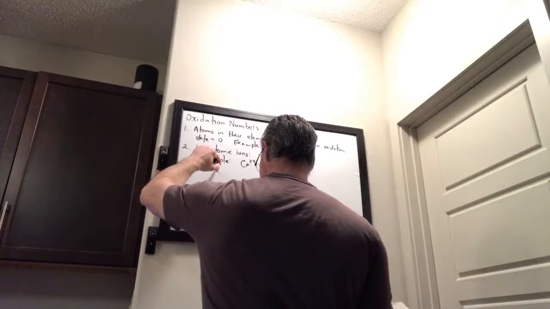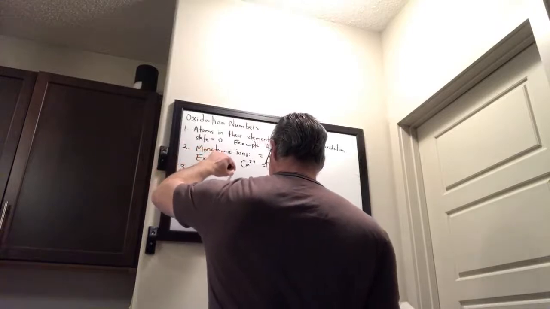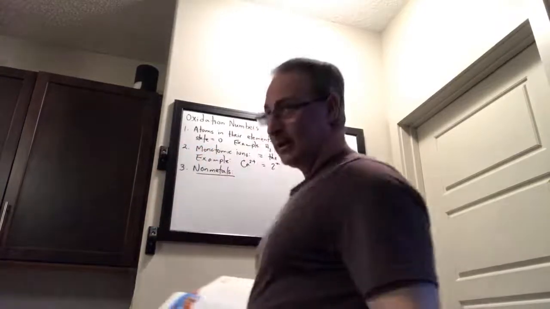For nonmetals, a good thing to keep in mind, I've asked you this a million times in class, which atoms give up their electrons more easily? Well, on the left side of the periodic table, you have the metals, right? So the metals give up electrons more easily. They're much more easily oxidized.